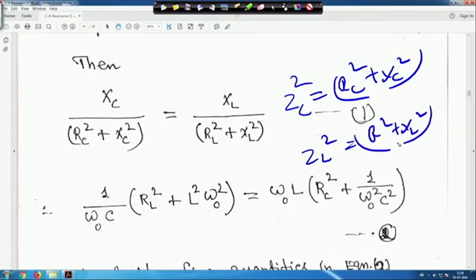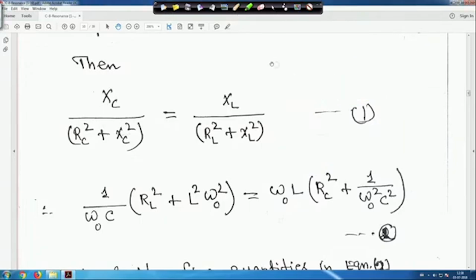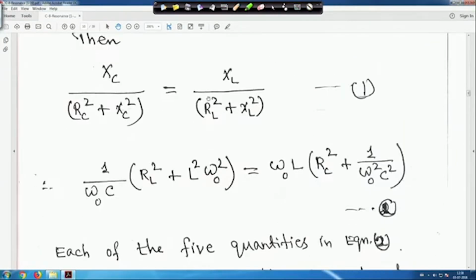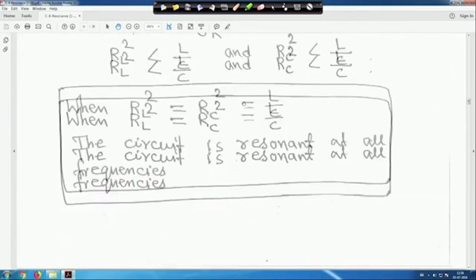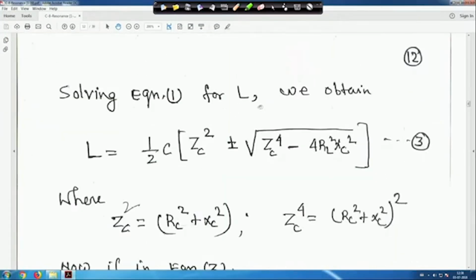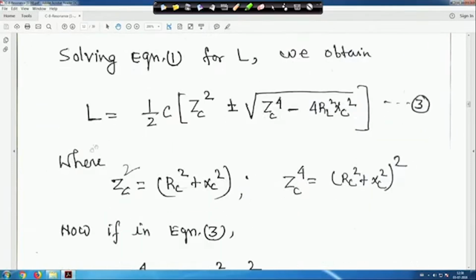Therefore, from this equation 1, if you solve for L, you will get L is equal to half C, bracket, ZC square plus minus root over ZC to the power 4 minus 4 RL square XC square.